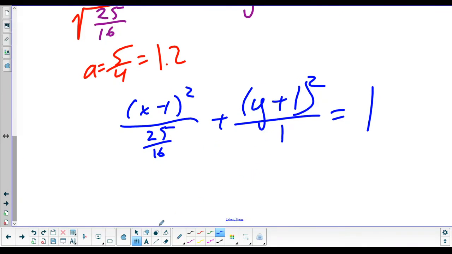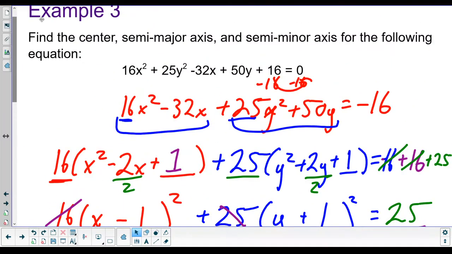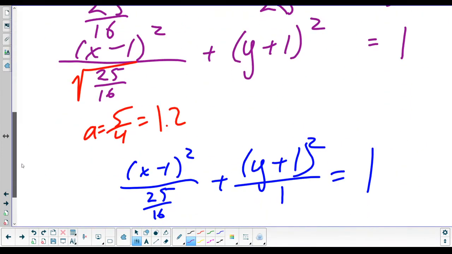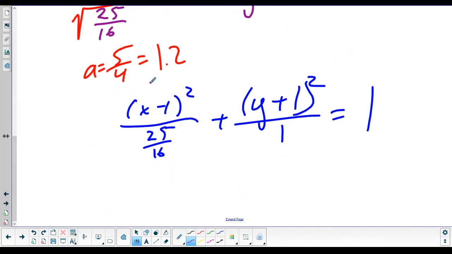Now, let's go answer the question, right? We did all this crazy work. What's the question? Our question is, where is the center? How big is the semi-major axis, and how big is the semi-minor axis? So our center, here's h, so h equals 1, k equals -1. So our center is going to be at 1, -1.